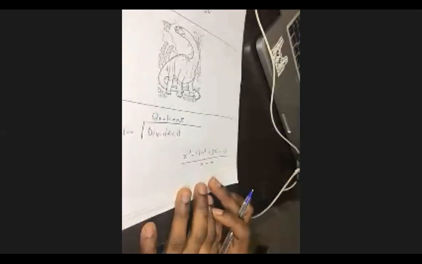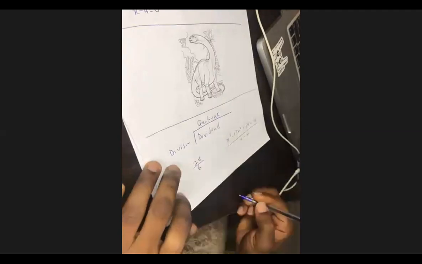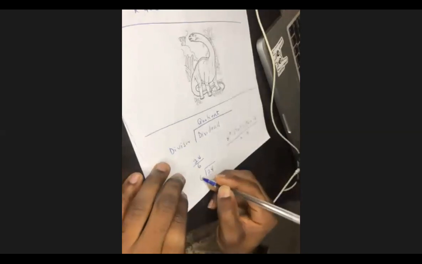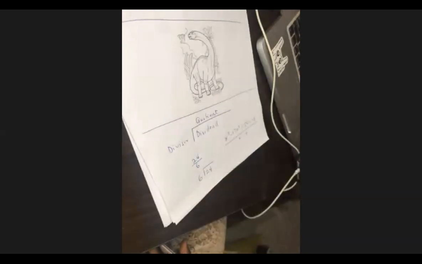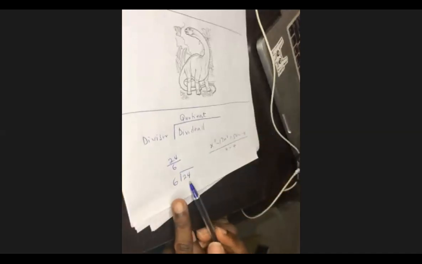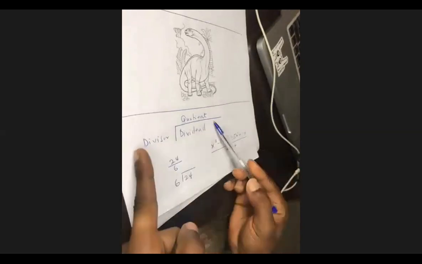But you know that when we write 24 divided by 6, it is the same as 24 inside, 6 outside. Very, very simple. So if this is the same as this, then this can also be written in the long division form.